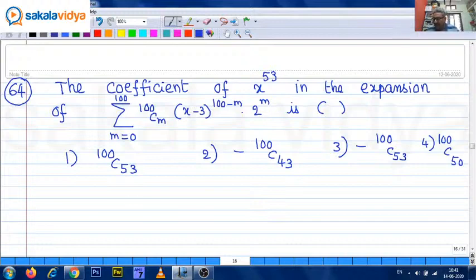The coefficient of x to the power of 53 in the expansion of sigma m equals 0 to 100 100Cm (x minus 3) raised to 100 minus m and 2 to the power of m. This is nothing but the binomial expansion general form.